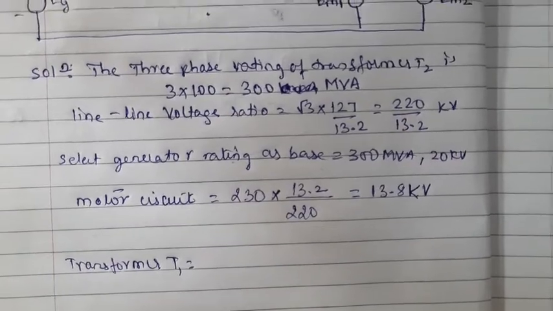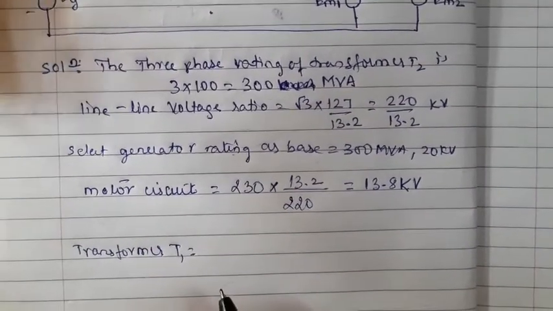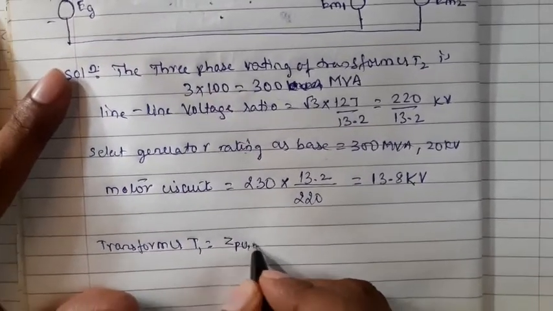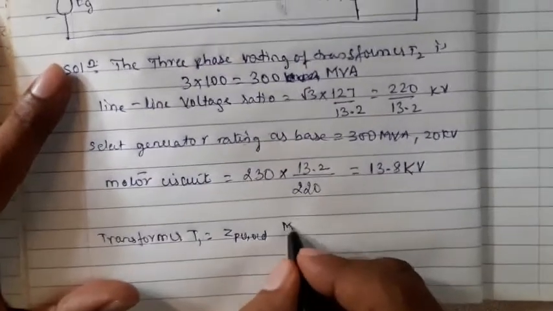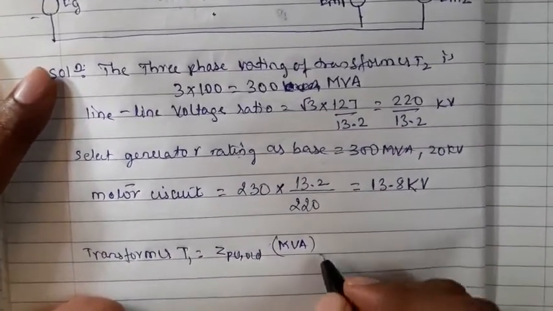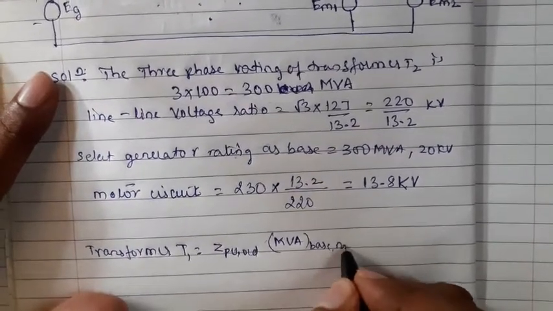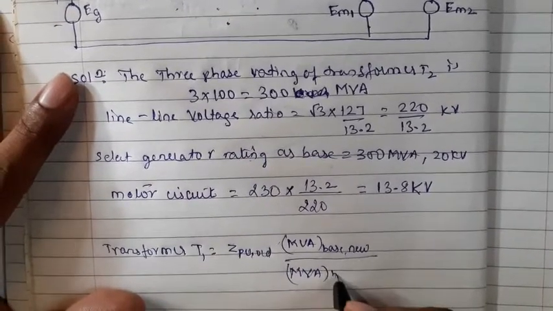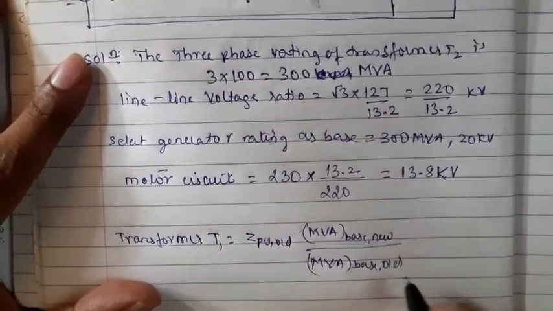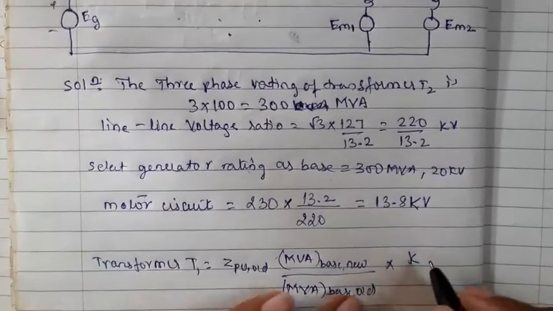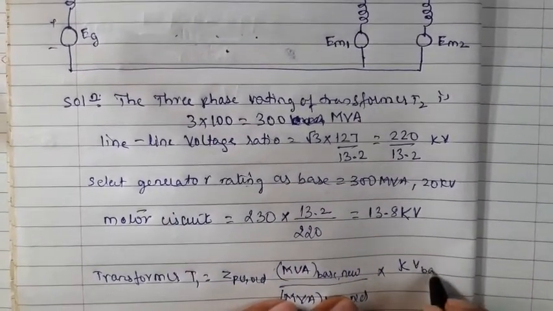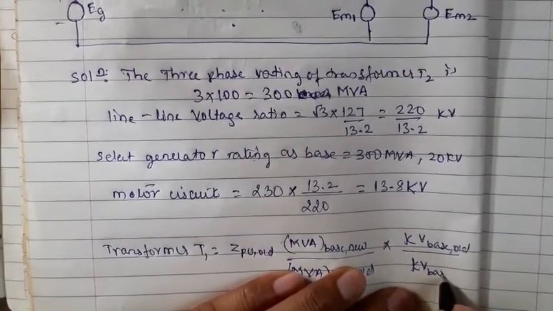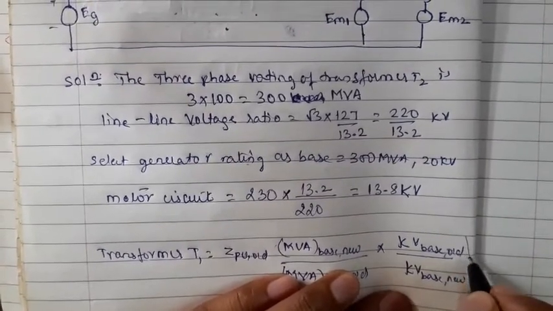For this one we have a formula: Z per unit old, the old value, multiplied by MVA base new divided by MVA base old, into kV base old divided by kV base new, whole square.